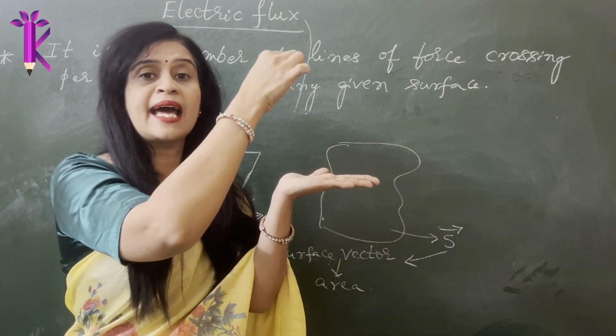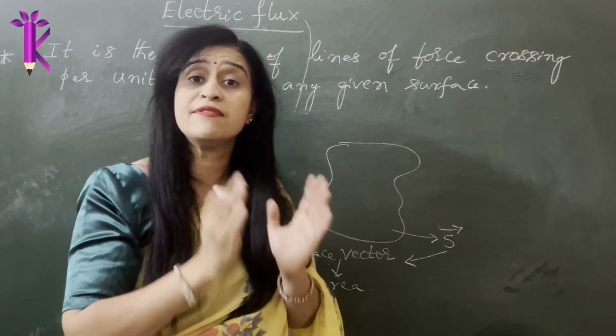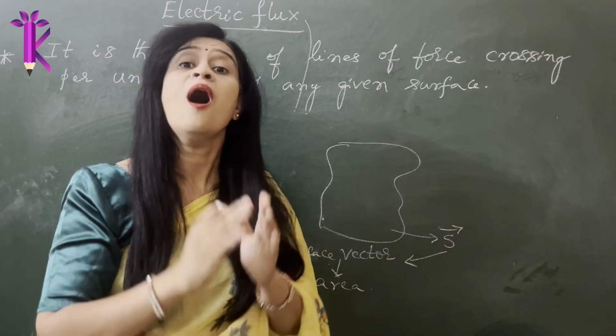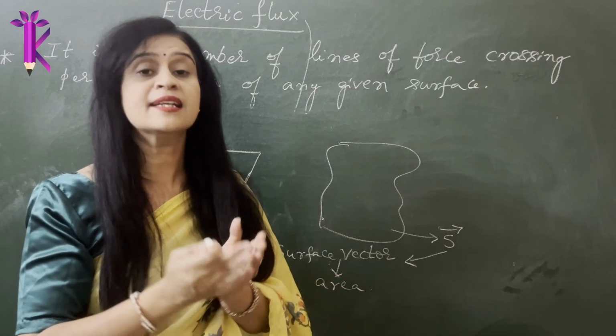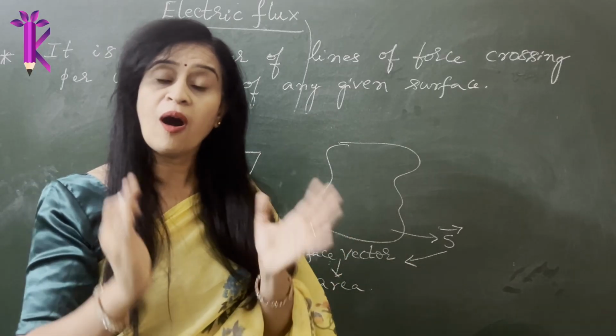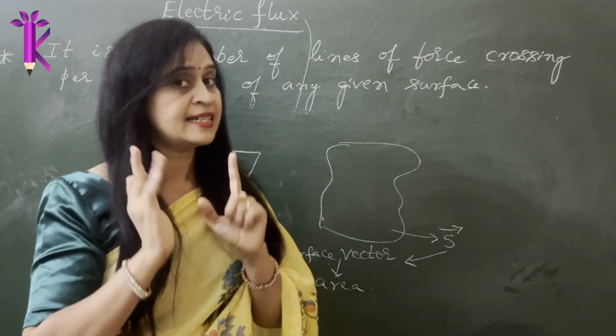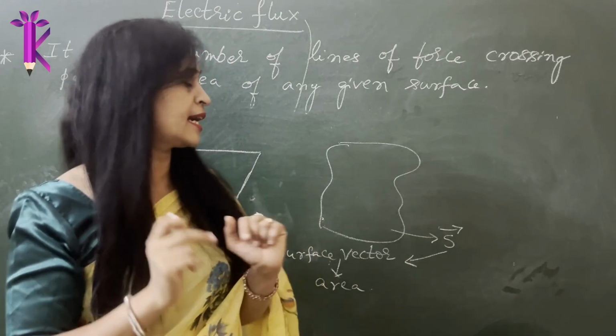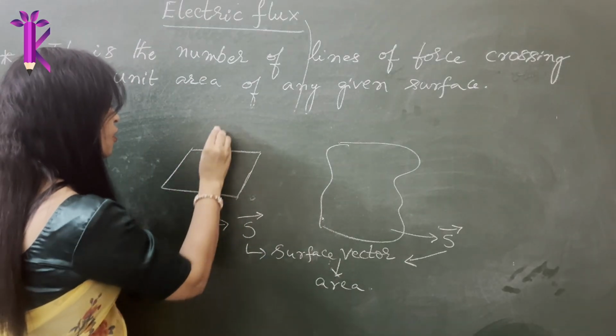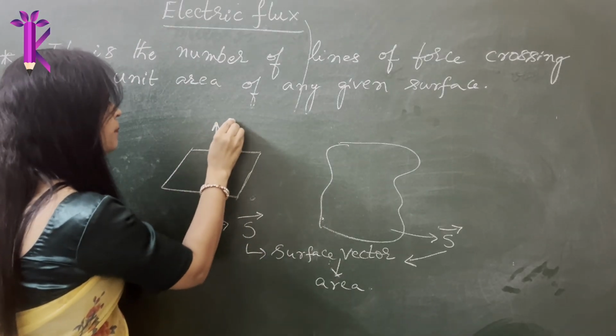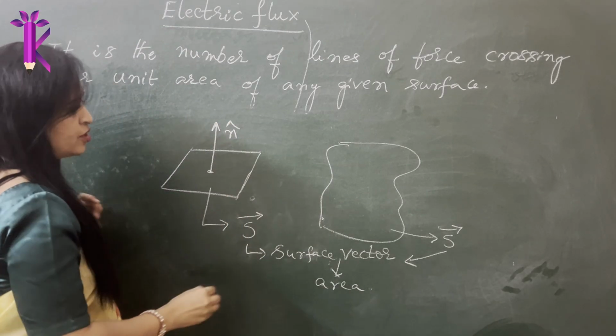So this normal direction is the direction of any given surface area, or an area for that matter. Surface area is always a vector having both magnitude as well as direction. This is a very important thing that you must know. So this normal direction n cap is what is known as the direction of the area.